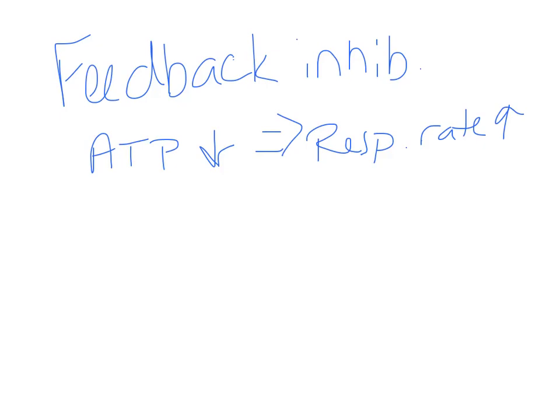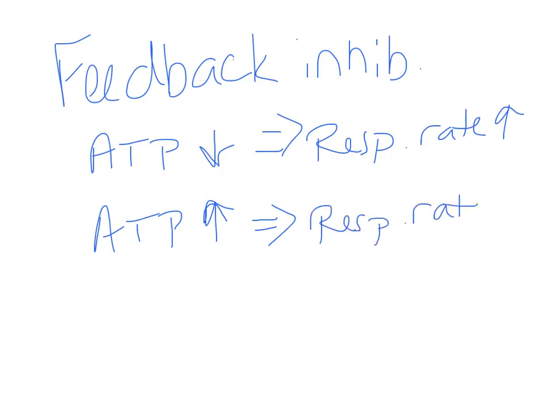And if my ATP levels are increasing, doing a significant amount of respiration here, and they reach a certain point in their increase, then that will actually slow the respiration rate down. So it's a feedback inhibition system where they will regulate the enzymes.